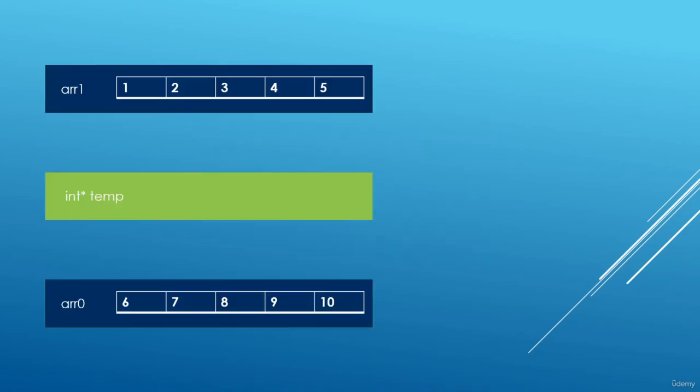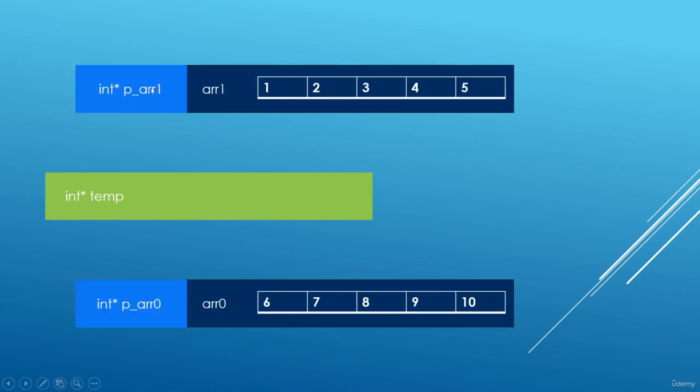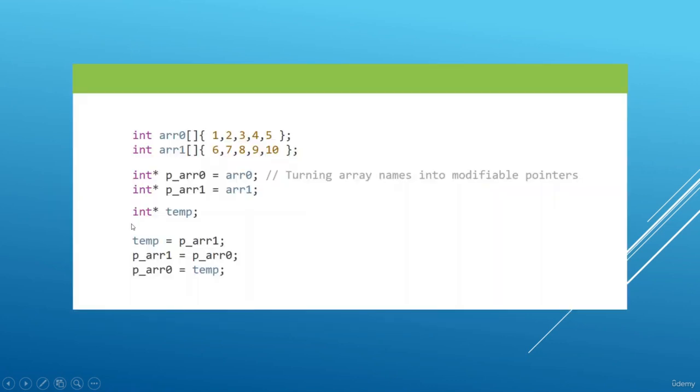What we can do, however, is set up pointers that really represent our array. We can do something like this. Set up PR1 to point to R1 and set up PR0 to point to R0, and then swap these two pointers. This is going to work. So if we do something like this, we have our arrays, we have the two pointers set up.